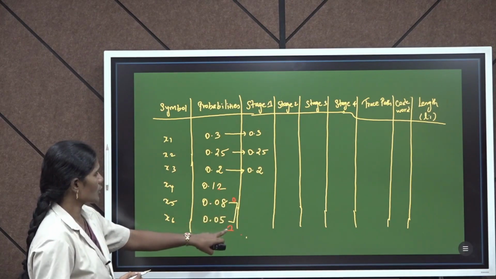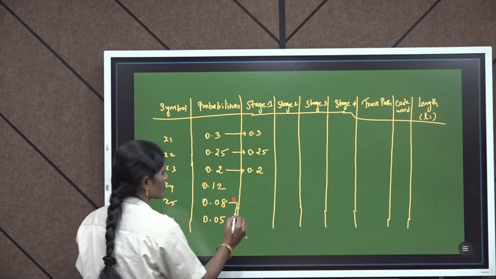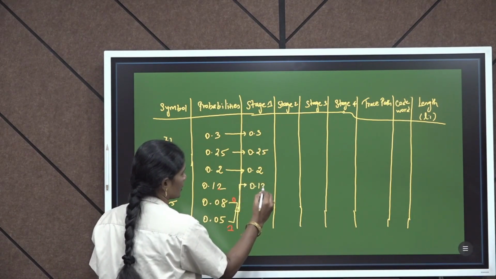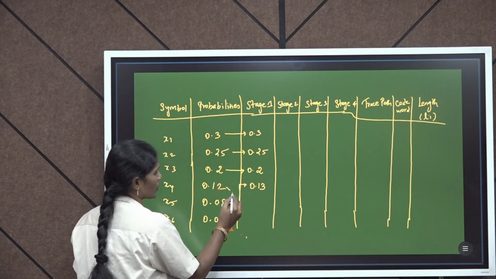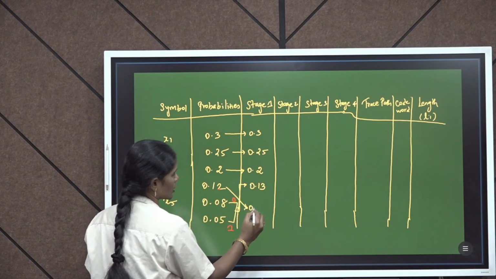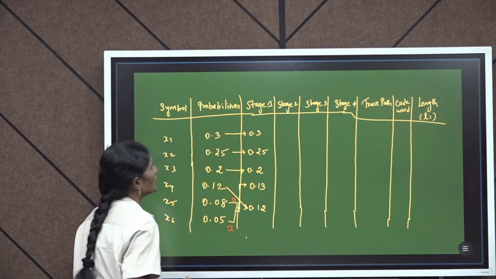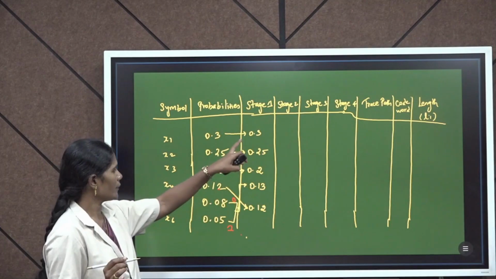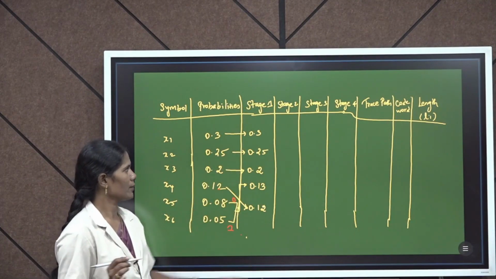This addition result 0.13 will be placed here. Next, this 0.12 comes here. So, the given number of messages is 6. In stage 1, we have reduced the symbols to 5.